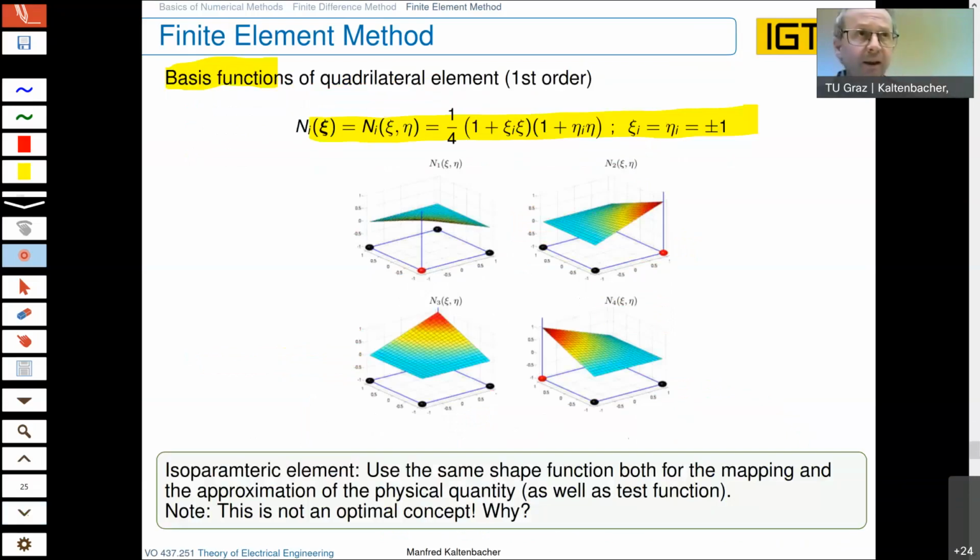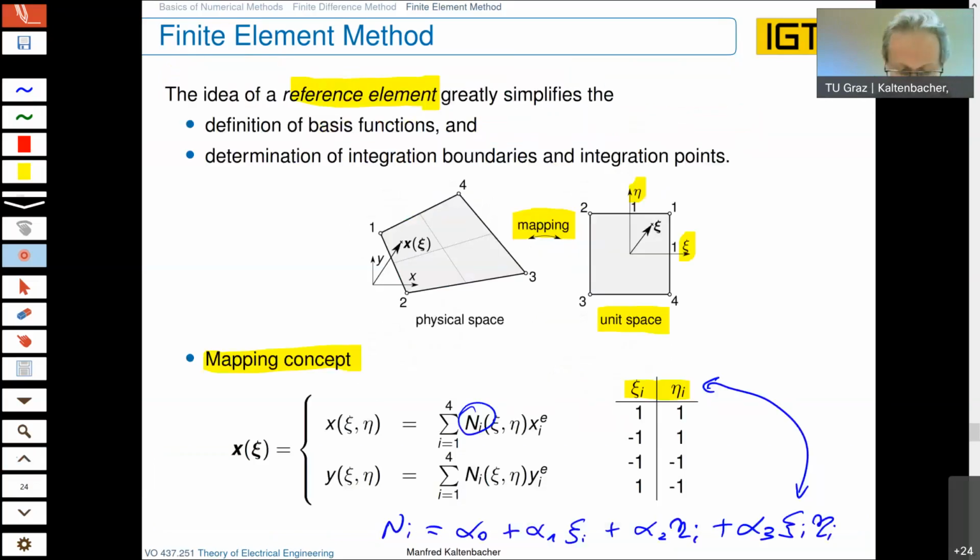And you see, for example, here for this node, the basis function is exactly one at this node and goes to 0 for all the other nodes. Here, perhaps you see it even better for this node. It's exactly 1, and it goes to 0 at all the other 3 nodes. So the property has to be fulfilled. Otherwise, we have made a mistake.